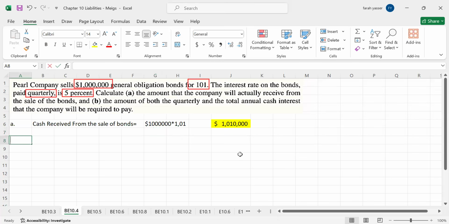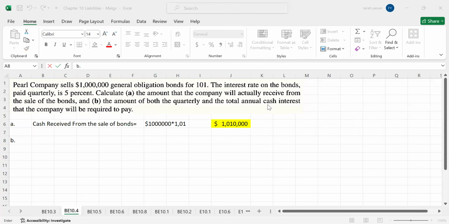The next is annual interest. The amount of both quarterly and total annual cash interest that the company will be required to pay.